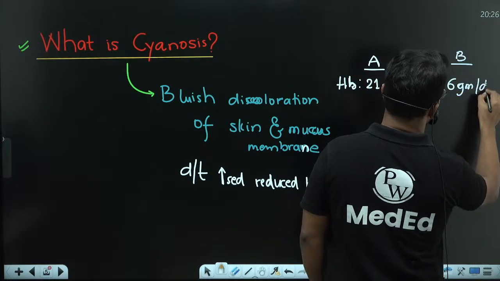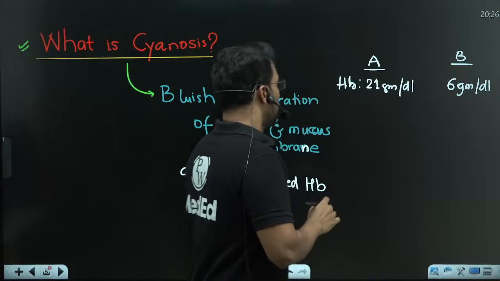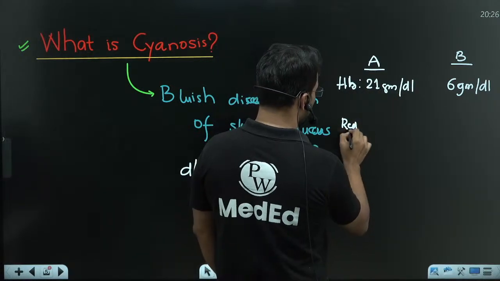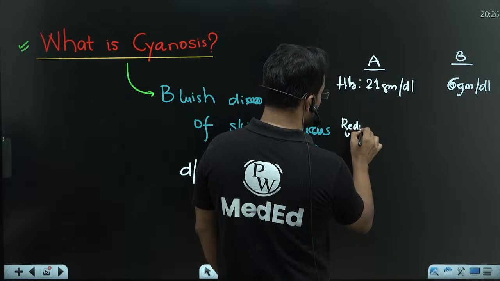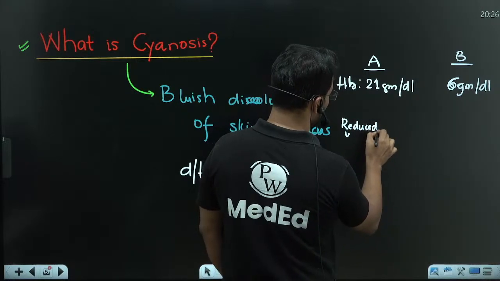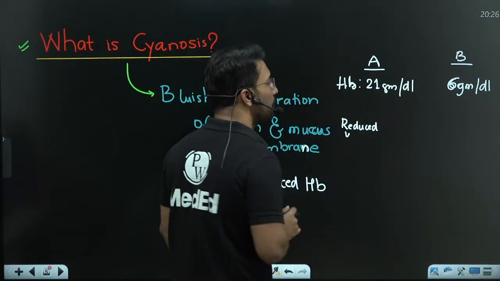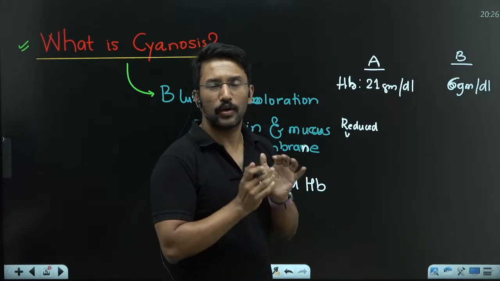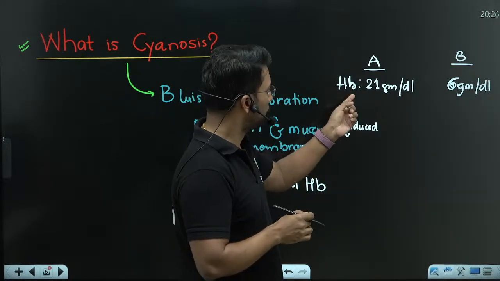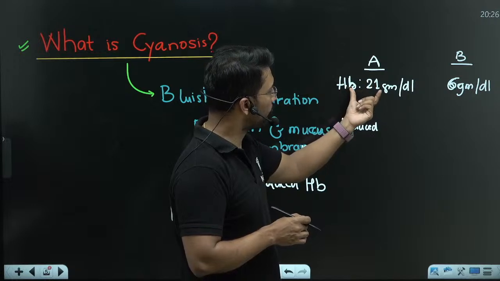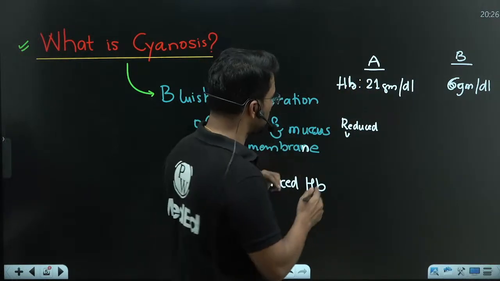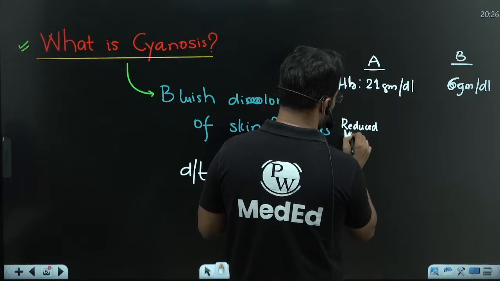He is anemic. Now for patient A, the amount of reduced hemoglobin is 25% of it. 25% of 21 will be roughly around 5.25. So let me say that this patient has 25% reduced hemoglobin.